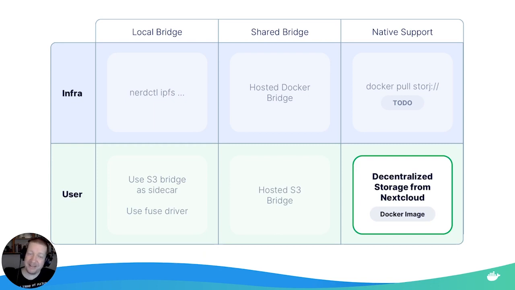The first is for the users, right? The user would like to use decentralized storage from some container application. That is not very easy because we need to update all of the applications one by one. But for example, Nextcloud, which is a self-hosted cloud service, already supports the storage backend there.